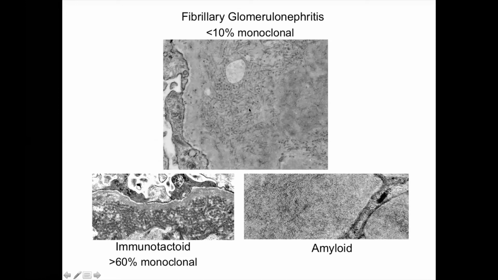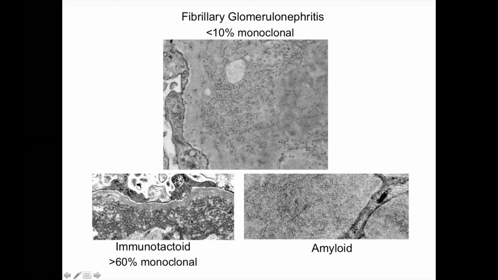Fibrillary in fact will have staining of one immunoglobulin, most likely IgG, and staining of both kappa and lambda, we don't have restriction. Immunotactoid will have staining of one immunoglobulin, it's monoclonal, with staining of one light chain, either the kappa or the lambda.